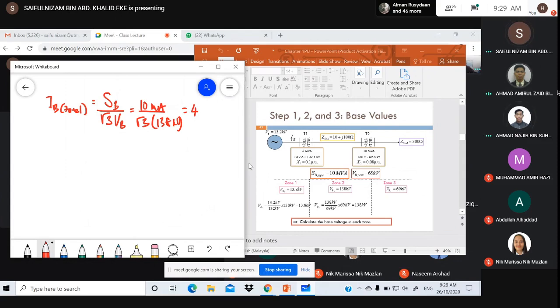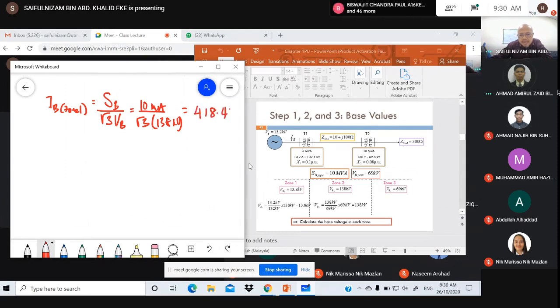418.4. Let's check. So I base for zone 2, same, 10 MVA divided by root 3, whereas the new base voltage at zone 2 is 138.